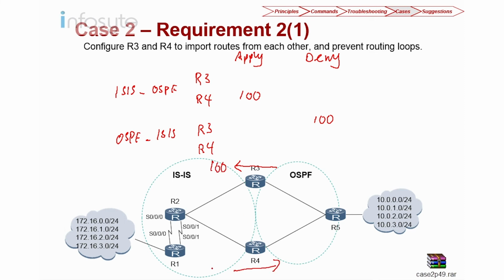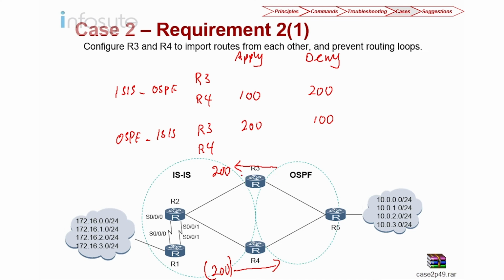to go back here, 100 has to be denied. So here, sorry, that will be the same tag, so that's not 100, that will be 200, sorry. So I'm going to add the 200 here. Okay, I'm going to apply a tag of 200, but on the R4, I'm going to deny the 200.